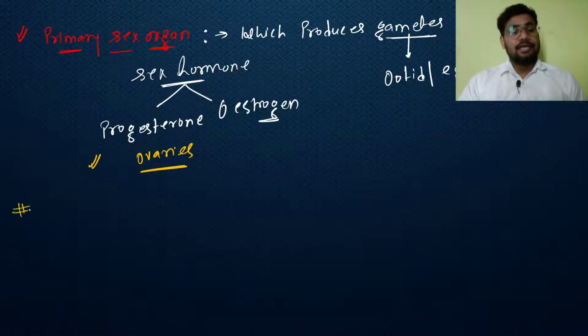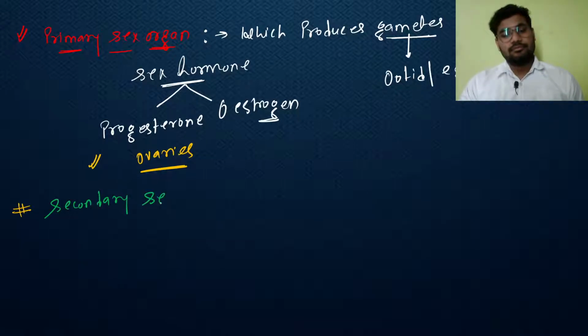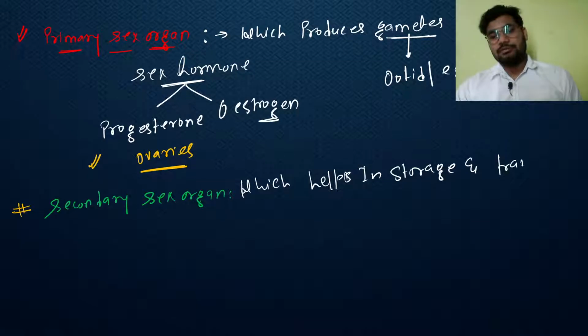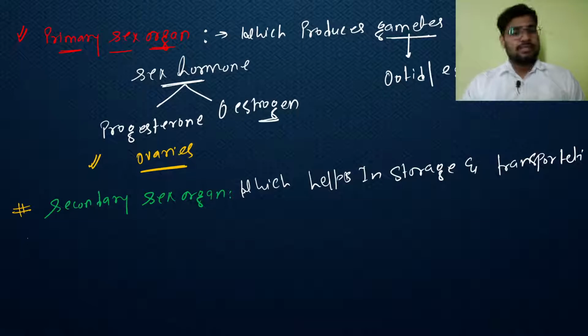Coming to the secondary sex organ, we know that secondary sex organs are those which help in the storage as well as in the transportation of the gametes. So secondary sex organs help in storage and transportation of gametes.